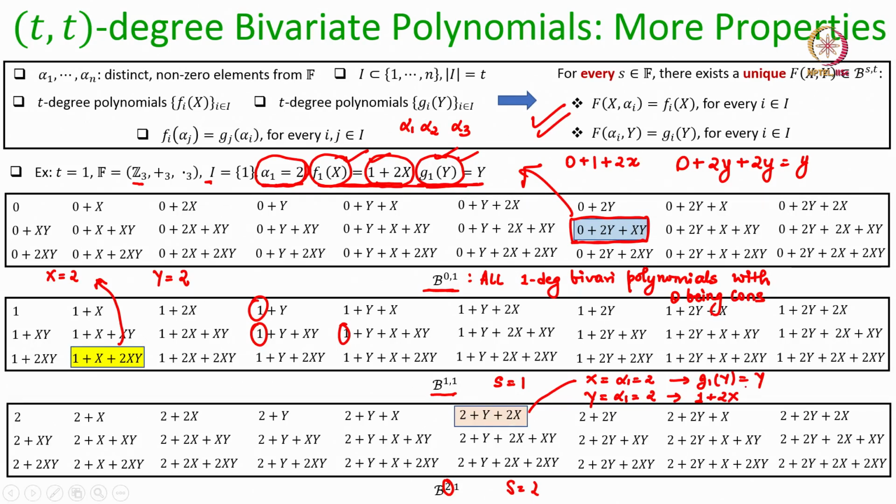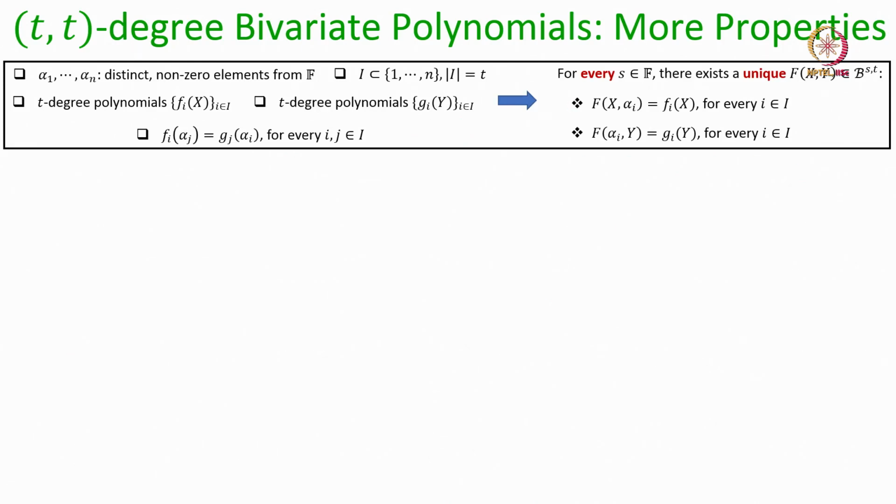Okay. So, at least through demonstration it seems that this property is correct, but just because it works for one example, one case, this property need not hold for other cases or in general. We have to prove that this holds in general always. So, what is the statement? You are given n distinct non-zero evaluation points.